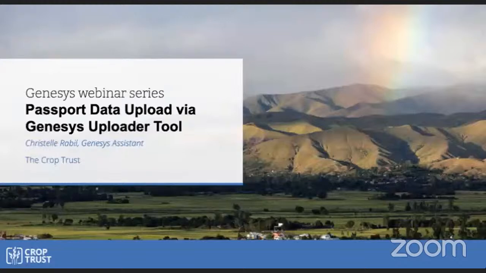Then after installing, we will authenticate via an account that we will all be using simultaneously, and we will upload a test data sample just to get you familiar with how the tool interacts with an Excel file that you would like to upload.